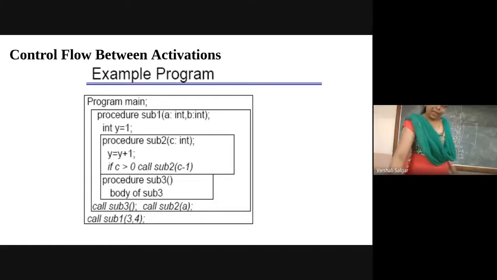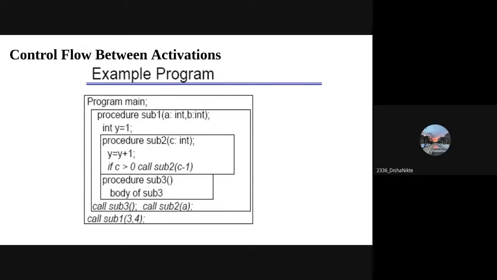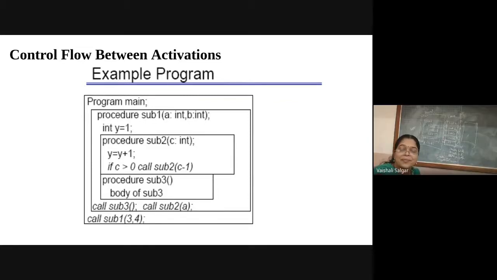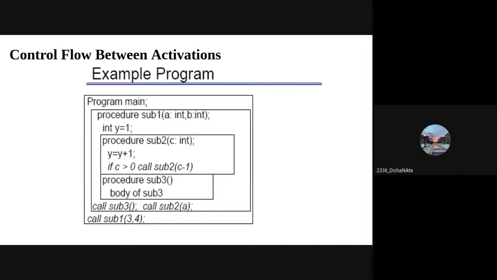Now we will come to that point also on the coming slides, but have you at least understood this much related to control flow between the different procedure activations? Ma'am, so the static link is from the caller to the callee.